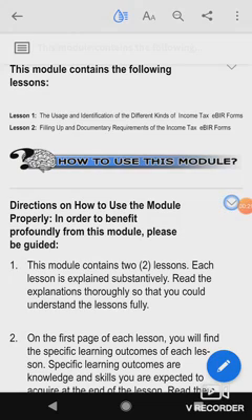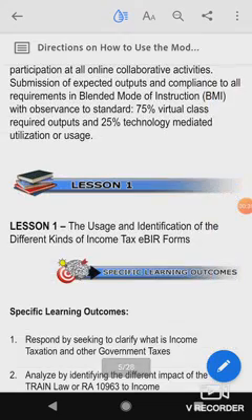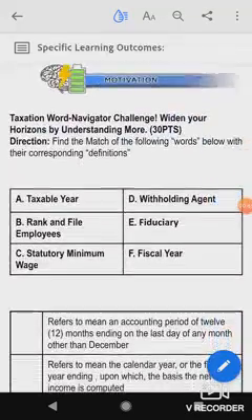And for Lesson 4, we will be having the actual filling up and documentary requirements of the income tax eBIR forms.